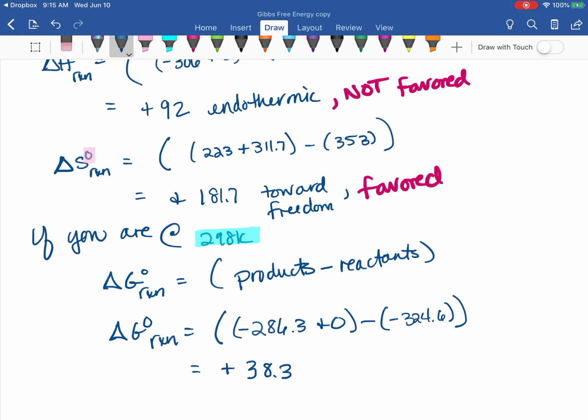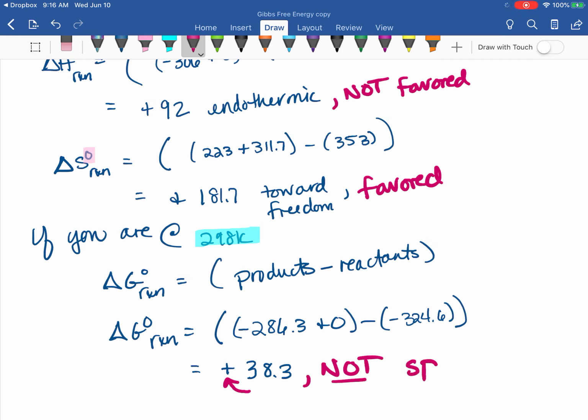All right, so what do these numbers mean then? Let's look at our sign. Just like the sign on enthalpy and entropy, our sign on delta G is going to tell us whether we're favored, not favored. That's for enthalpy or entropy. But the actual delta G tells us if something is spontaneous. If we have a positive, that means we are not energetically favorable.